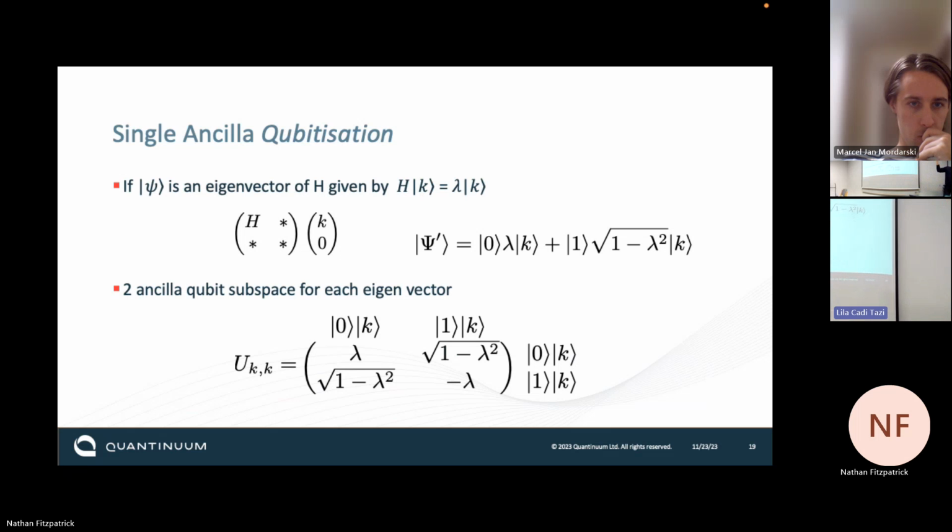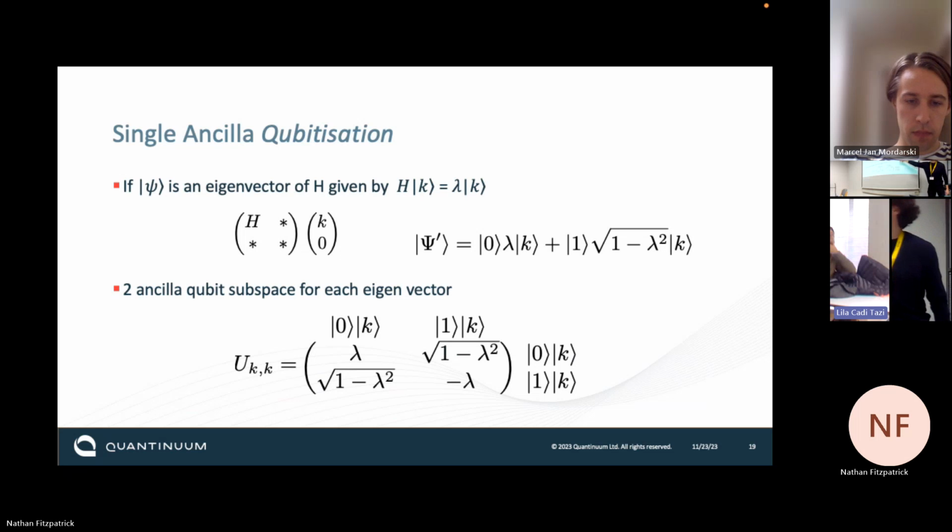But when we act on the eigenbasis K, some eigenvector, we'll always get this relation just by a simple orthogonality argument. The projectors decompose space.